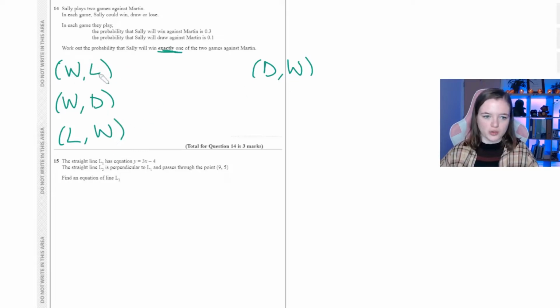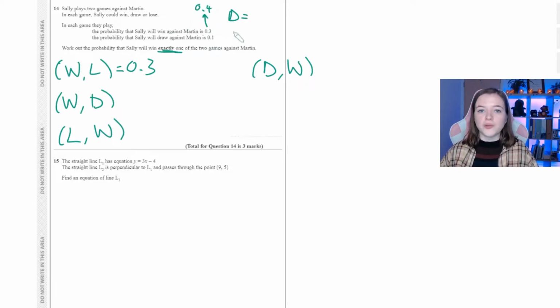So we've got win and lose. The probability that she will win against Martin is 0.3. The probability that she will draw against Martin is 0.1. So what would the probability be that she loses? I've got 3 options: draw, win, lose, so it's whatever's left over. These added together are 0.4.